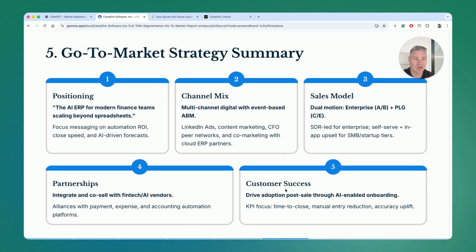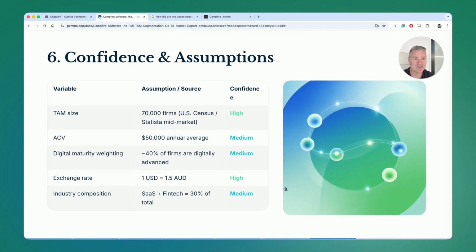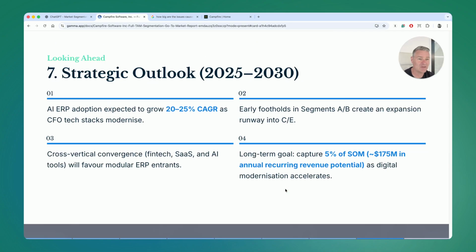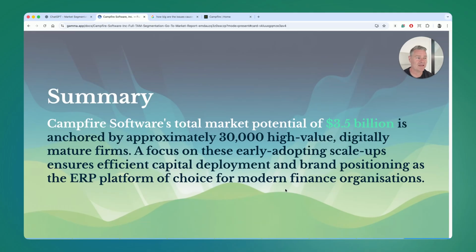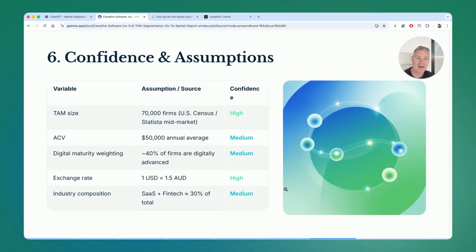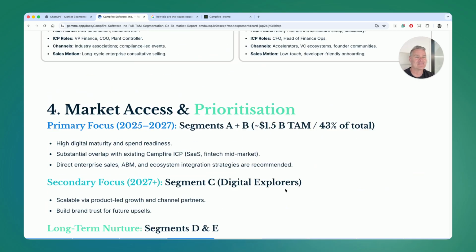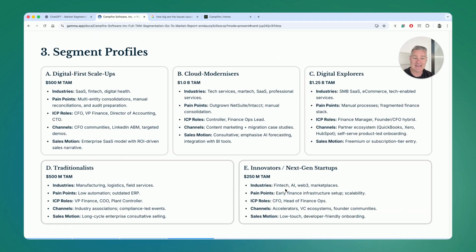Primary, secondary, long-term, positioning, channel mix, strategy, confidence in the data we've got, strategic outlook. Look at this. We've got a bigger picture, but most importantly, there's 30,000 high-value, digitally mature firms that are ready for this product. This is really helpful when we can come back here and get this segmentation and see that these are our options. This is exactly what the customer looks like.